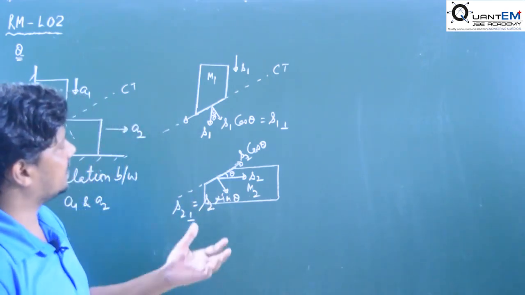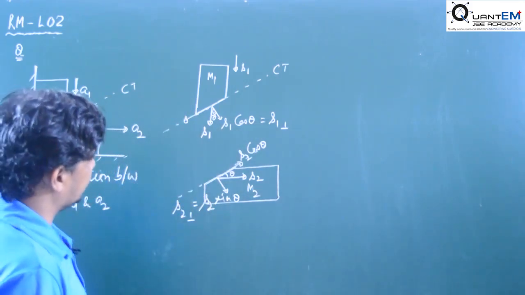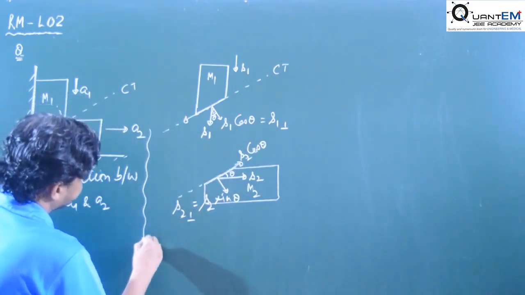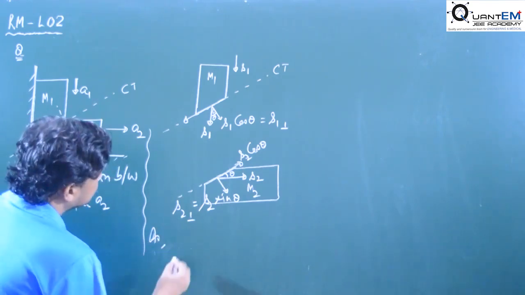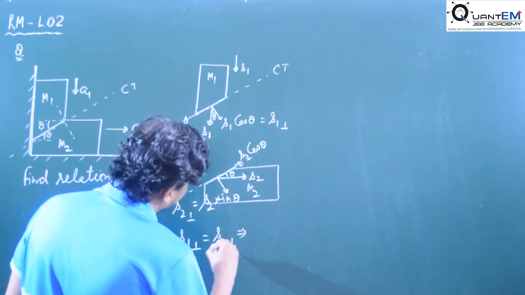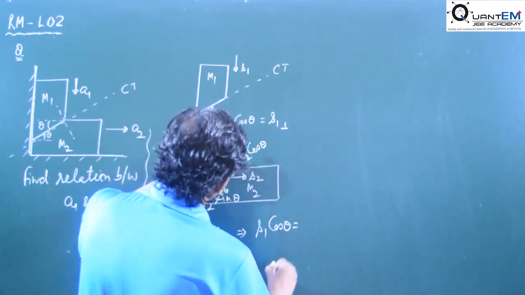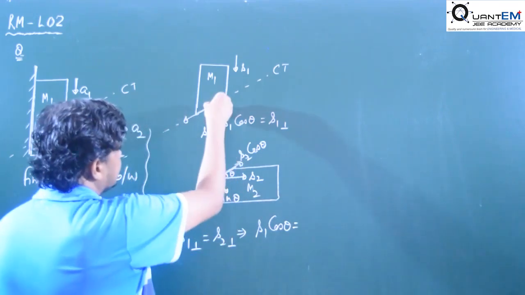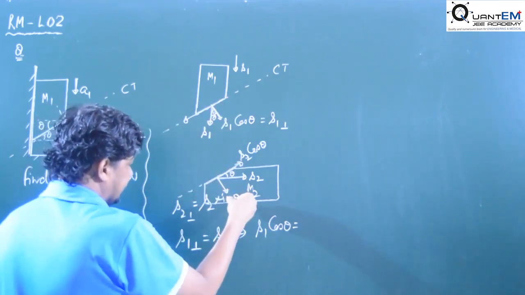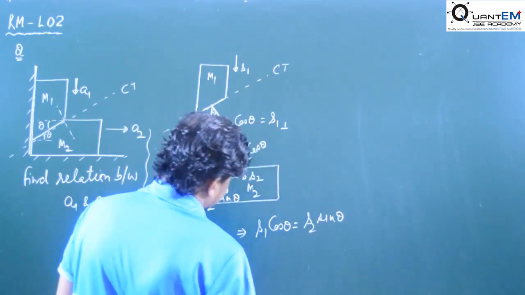So I just told you that perpendicular to the common tangent, displacements, velocities and accelerations are equal. So as s1 normal is equal to s2 normal, it implies that s1 cos theta is equal to s2 sin theta, where s2 sin theta is perpendicular to the common tangent. So what do we get?